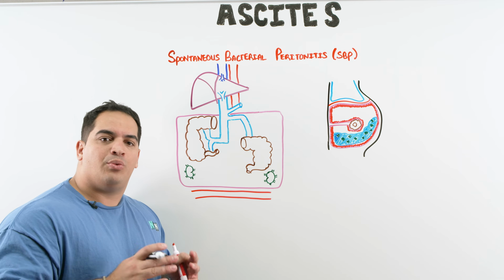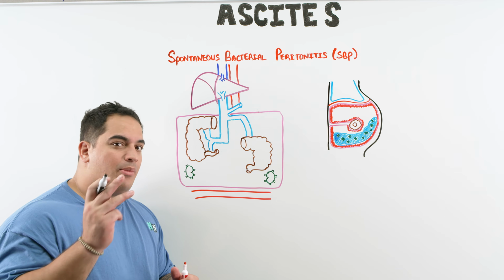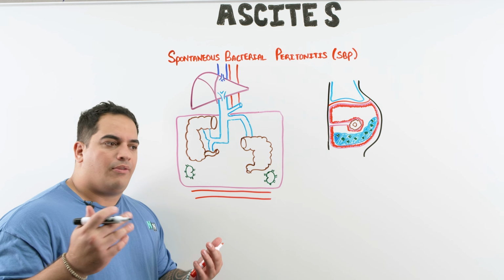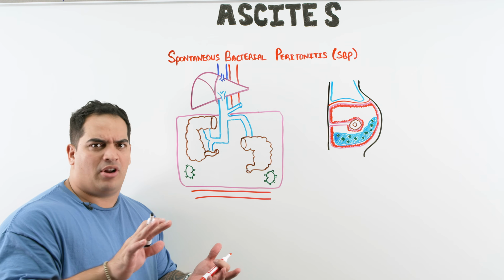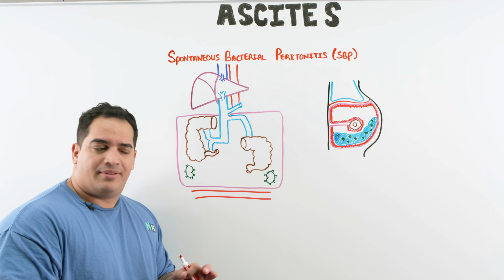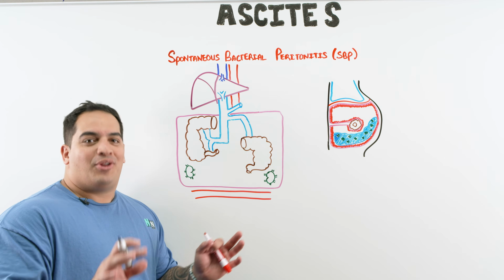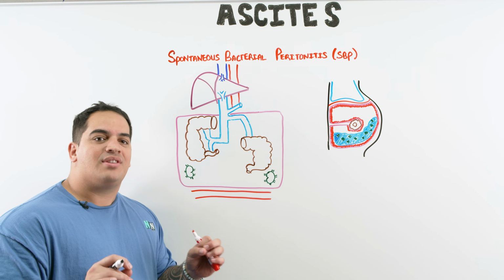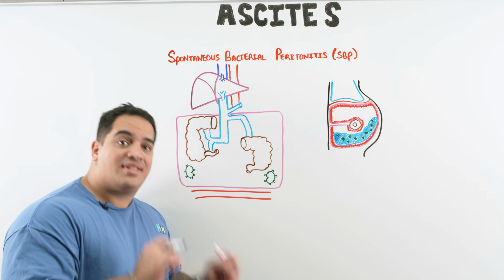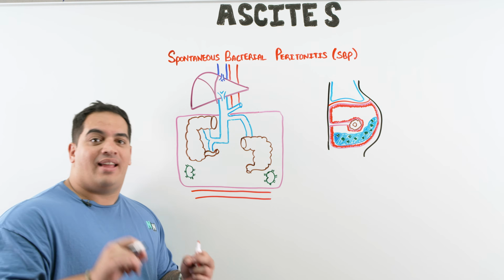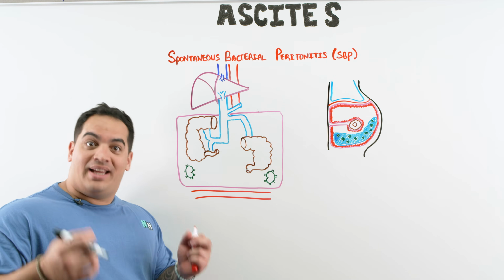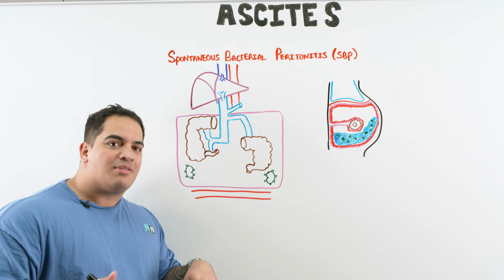But one of the things you really want to be careful of: we talked about the 3 most common causes of ascites, and that's cirrhosis, by far the most common, cancer, and CHF. Usually something that can happen in patients who have ascites is they can infect that ascites. That sounds weird, right? But it can happen. It's called spontaneous bacterial peritonitis.